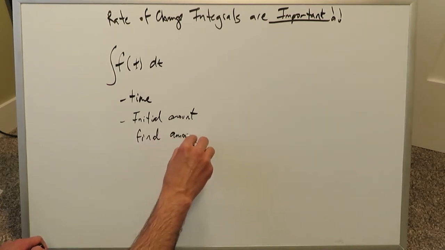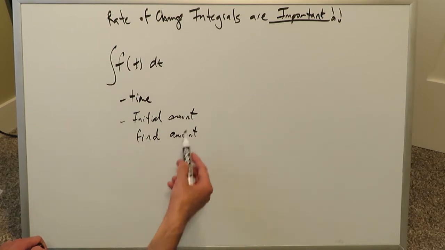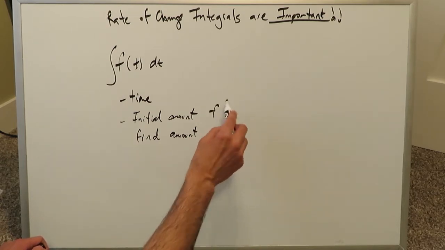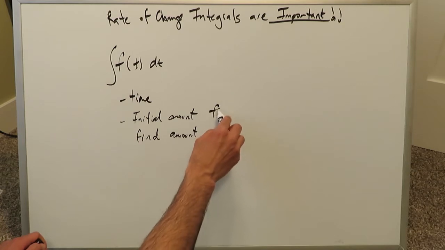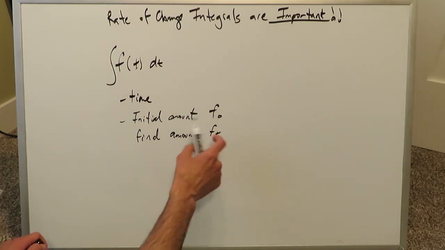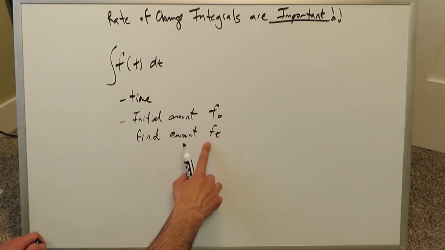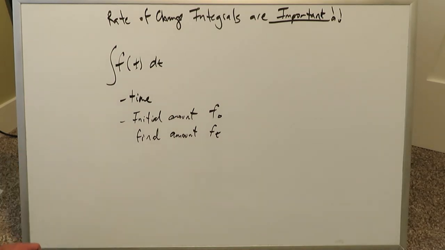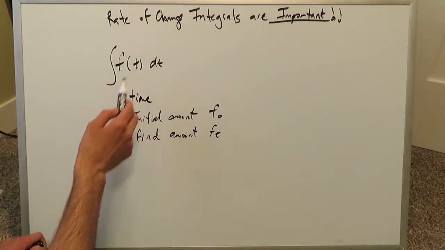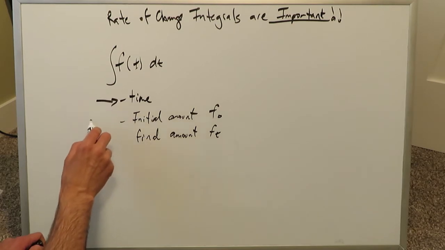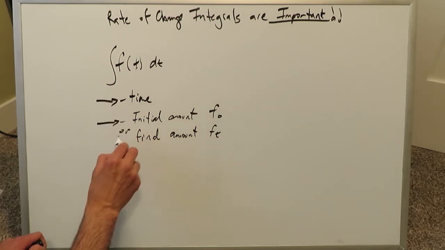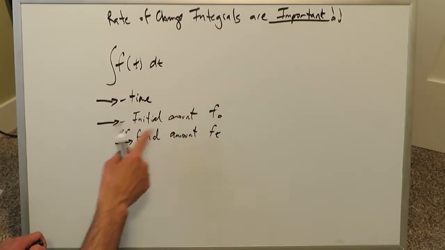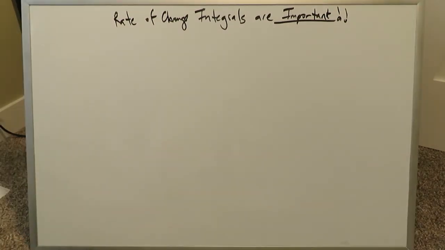Let's just use an abbreviation, say F0 or Ft, the amount that you have at initial time and the amount you have at time t. In all of these instances, the rates of change integrals are usually dependent on the final amount or the initial amount. With all of these applications that I'll show you, three of them, I want to breeze through them and try to make this video short but to the point and interesting.